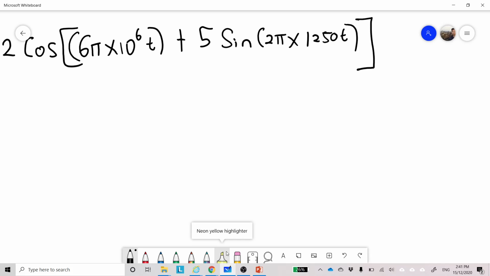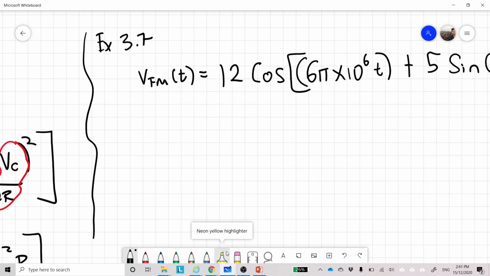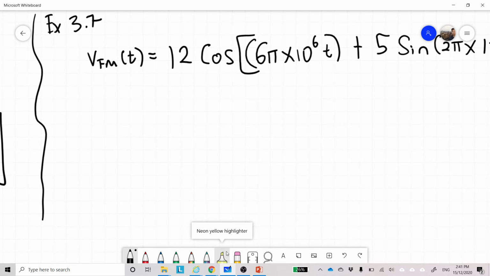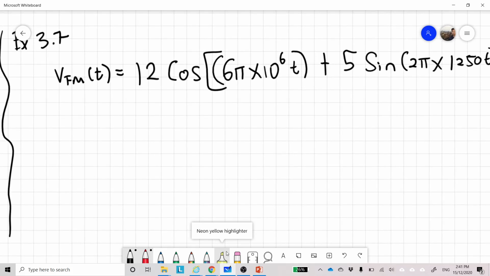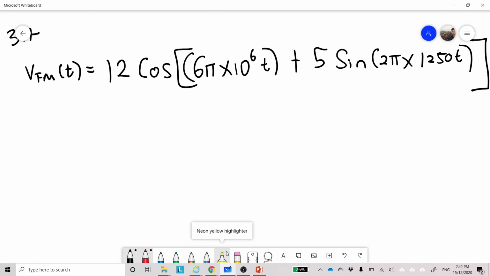Okay, so daripada sini kita boleh tentukan beberapa parameter yang lain. For example, just by looking at the equation, we can see that this is actually VC, the peak amplitude of the carrier. This is referring to the carrier frequency.